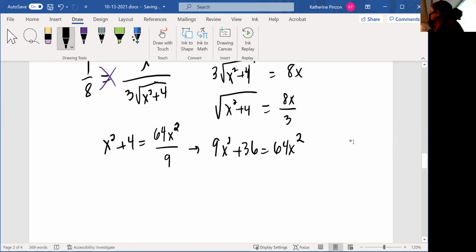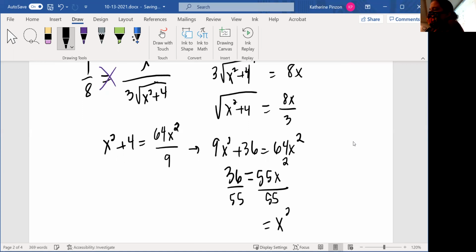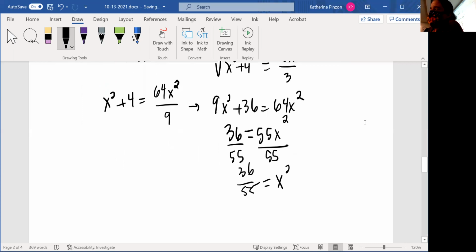And then subtract 9x squared. It's a quadratic, right? So since there's only one x, I can try to get them together. 55x squared. Divide by 55. X squared is 36 over 55. So x is square root 36 over 55.